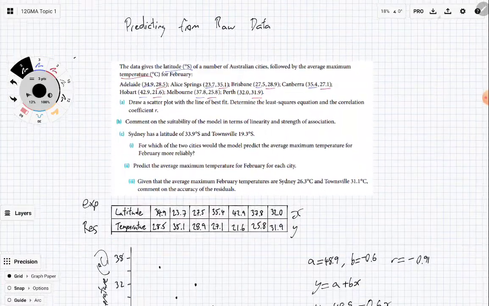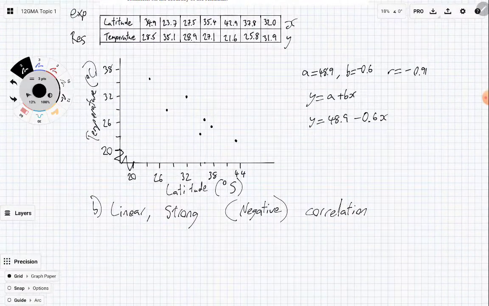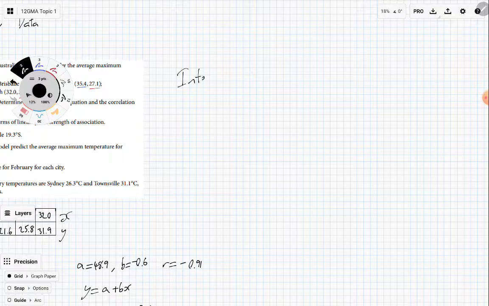Well, it turns out that if we have a choice, and this is for C, I'm just going to make a little note off to the side over here: interpolation is more reliable than extrapolation.